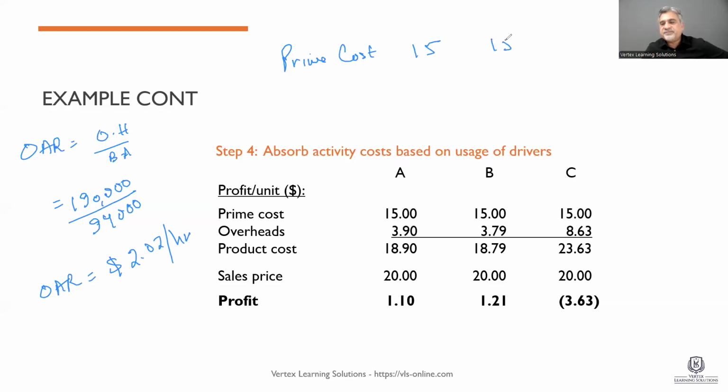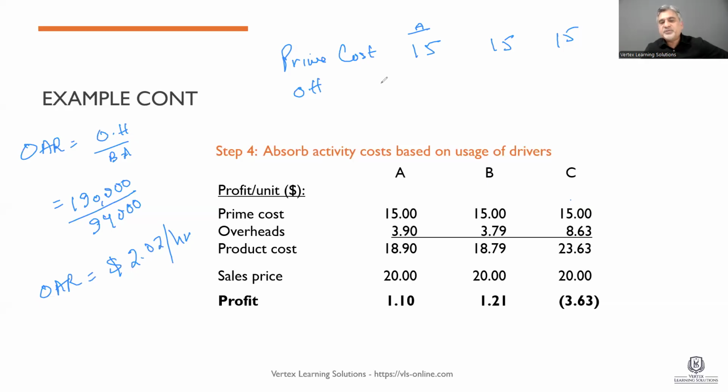For B, it was 15. And for C, it is 15. How much overhead is it using? It was using 2 hours. If I go back to the screen, you can see that all the three products were using 2 hours each. You should trust me, I don't want to go back so many slides. It was using 2 hours, every product.